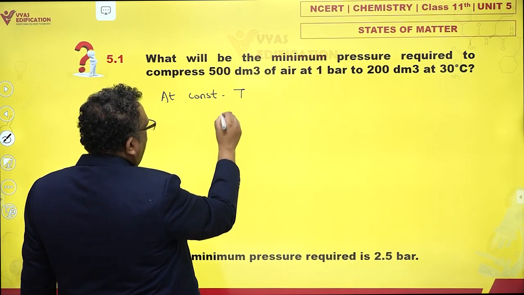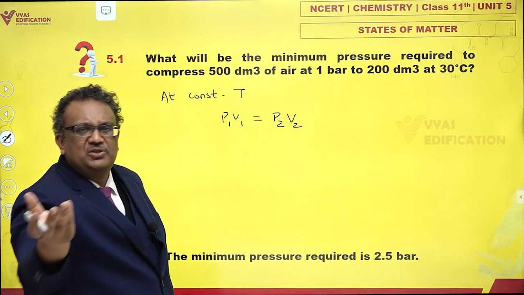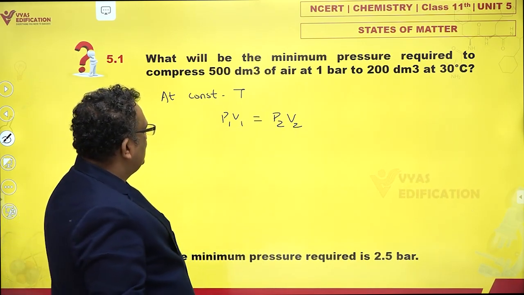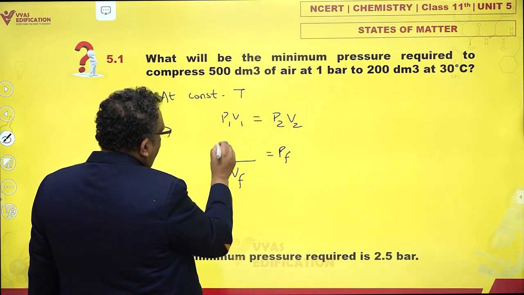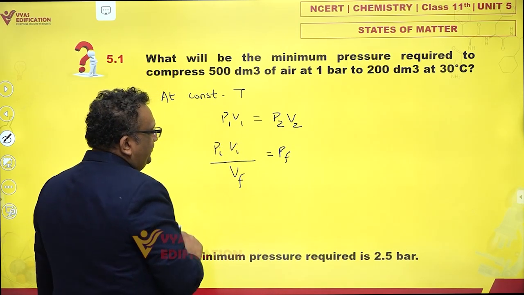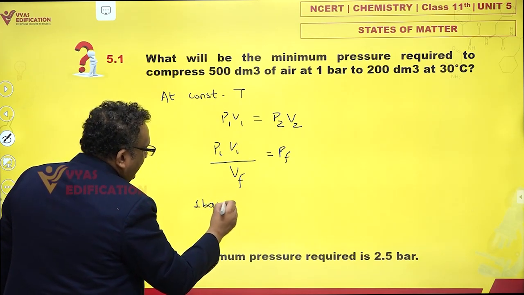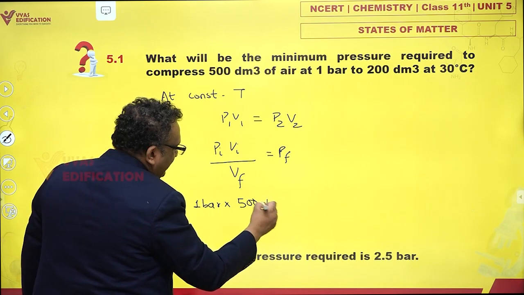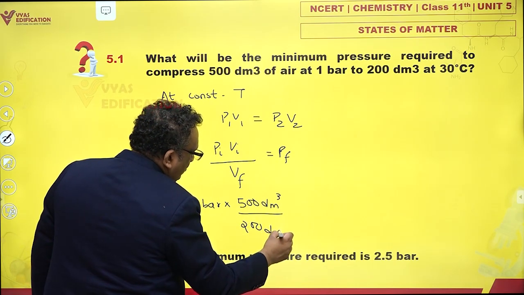constant temperature, P1 V1 is equal to P2 V2. We apply Boyle's law. So P final is equal to P initial times V initial over V final. Now what was initial pressure? 1 bar. Initial volume is 500 decimeter cube. Final volume is 200 decimeter cube.